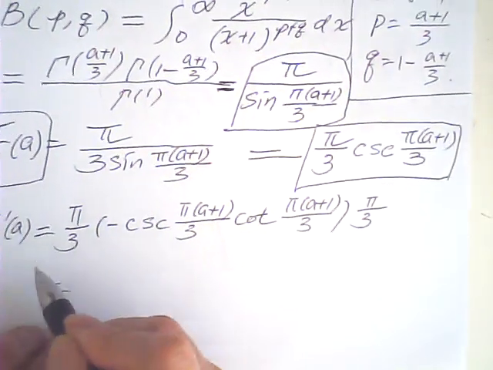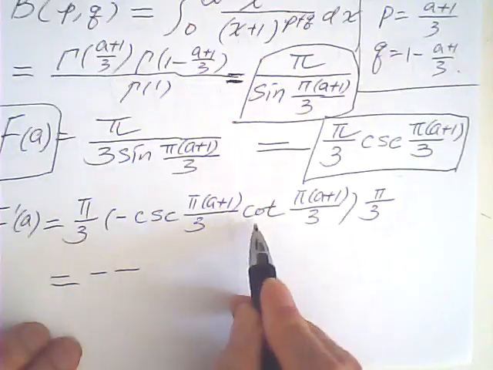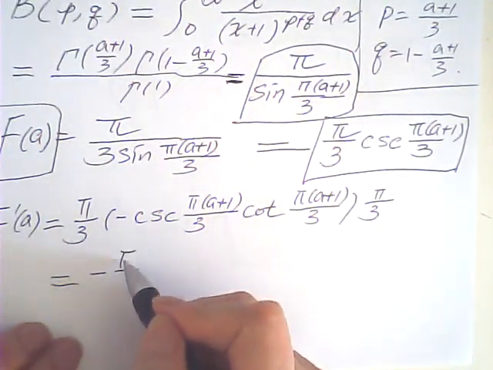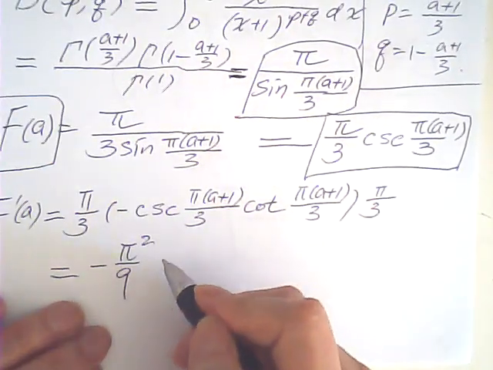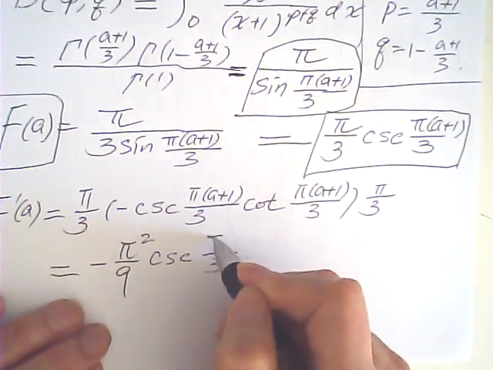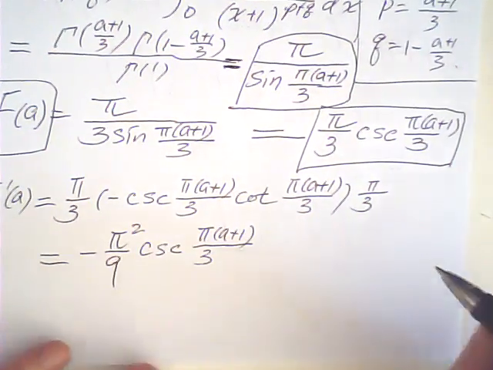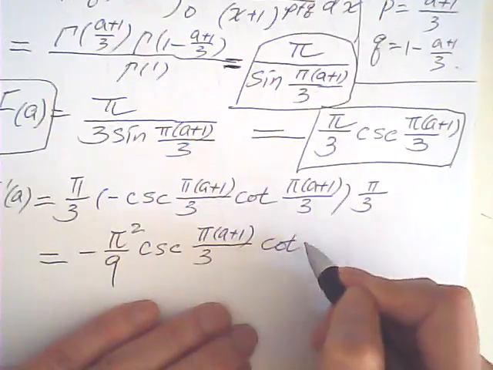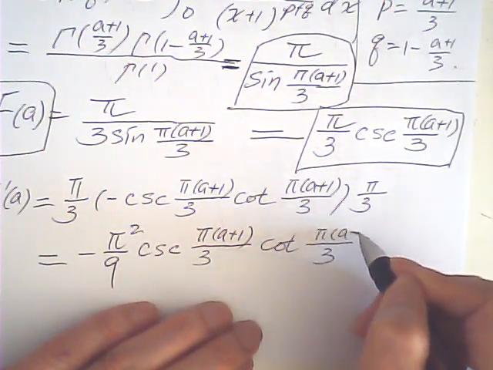So my f prime of a will be equal to negative pi square over 9 times cosecant of pi third a plus 1 times cotangent of pi third a plus 1.